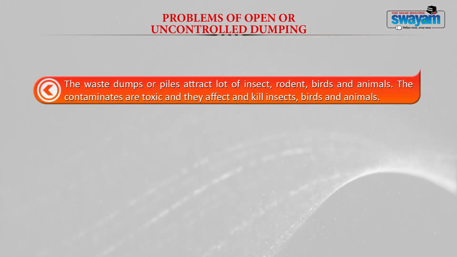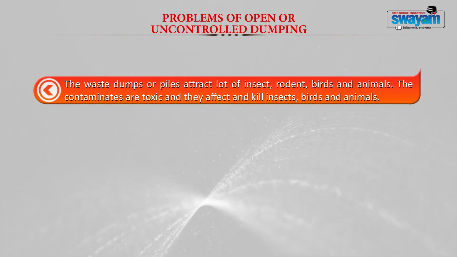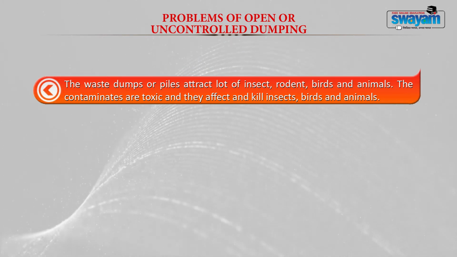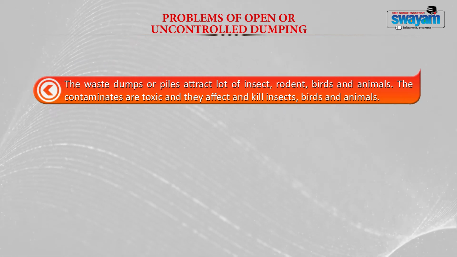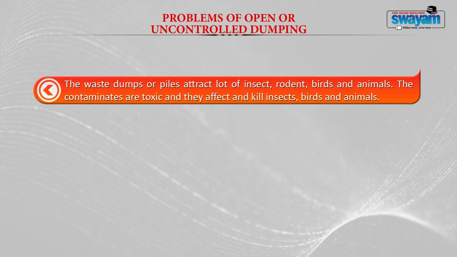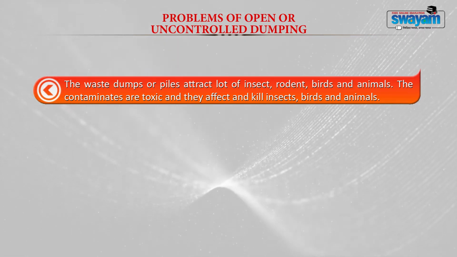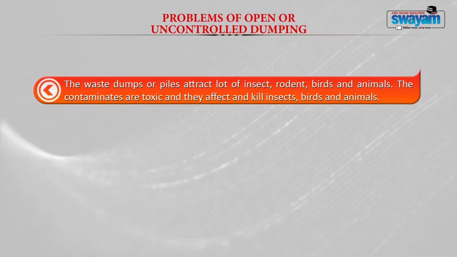Now, the waste dumps or piles, as I told you earlier, attract a lot of insects, rodents, birds and animals, and sometimes the open dumps act like a breeding ground for certain animals and birds. Sometimes when migratory birds cross these open dumps, they think they get food, so they settle there.